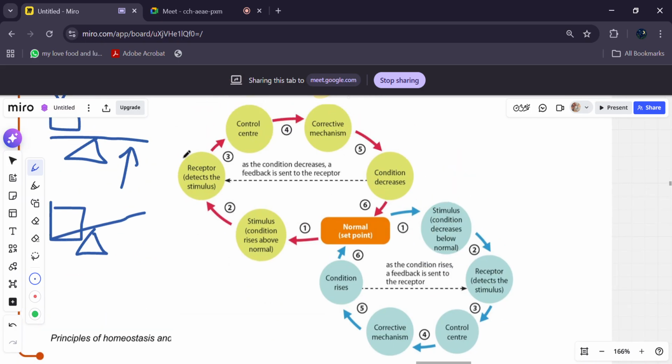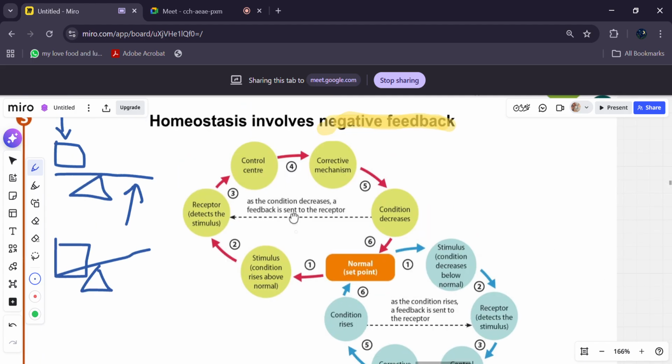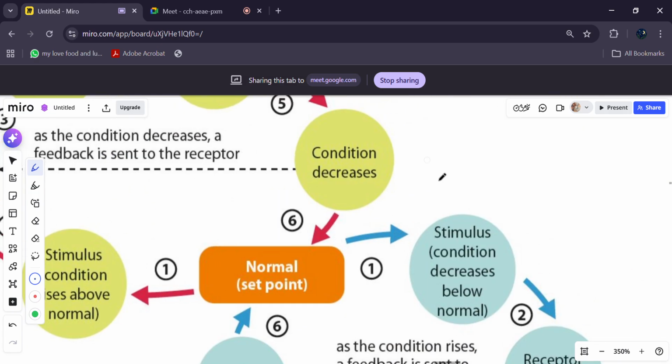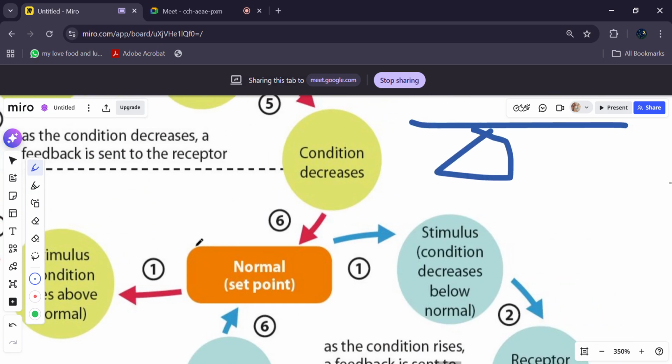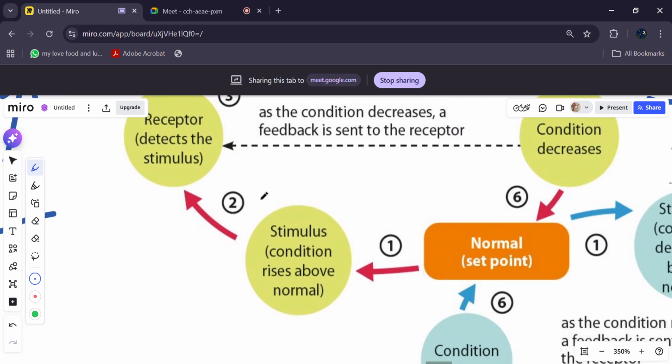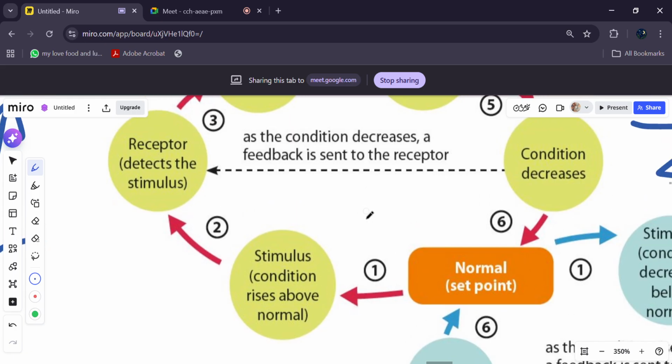Now, as you can see in this diagram, it shows what happens during homeostasis and during negative feedback. When the seesaw is normal, this is the basic set point. This is the normal set point. When a stimulus, basically a condition, a change made, the condition rises above normal.